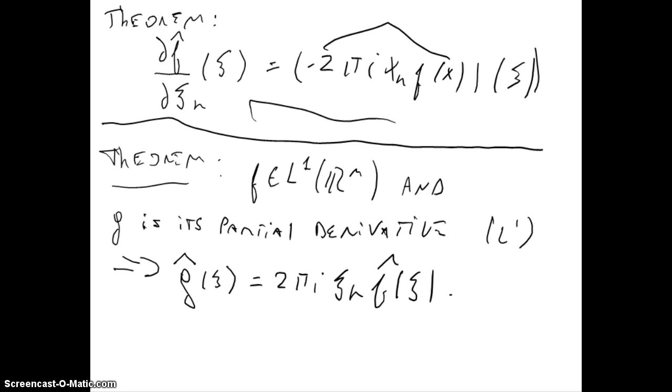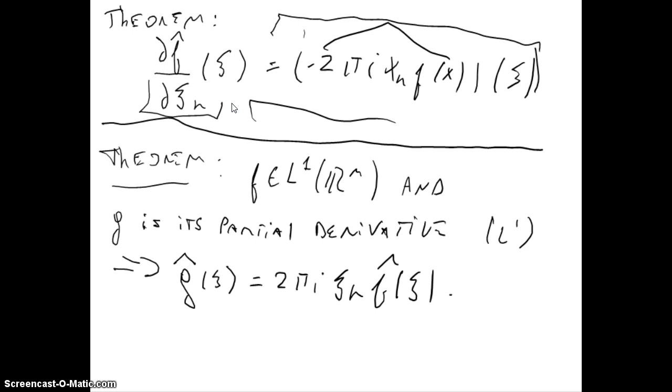So in the first theorem, we had x_k multiplied by f that was in L^1, and then knowing that, you knew that the transform of f is going to be differentiable, and that you can express the derivative in xi_k in this way.